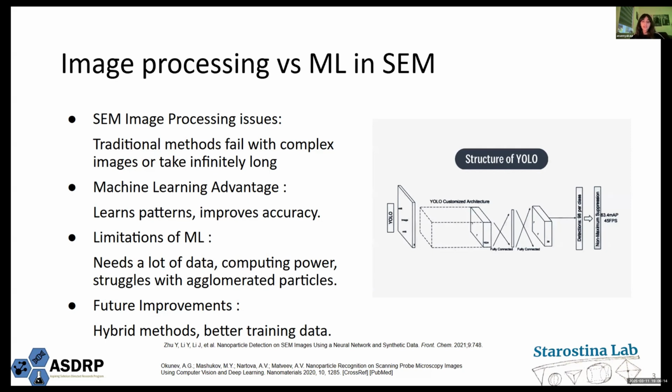Machine learning, especially convolutional neural networks and You Only Look Once models, can automatically detect nanoparticles by learning from large data sets. Machine learning is more accurate in general, but it requires more labeled data and obviously powerful computers. Combining traditional and machine learning methods can help improve detection in general.